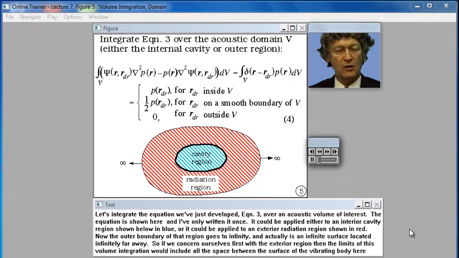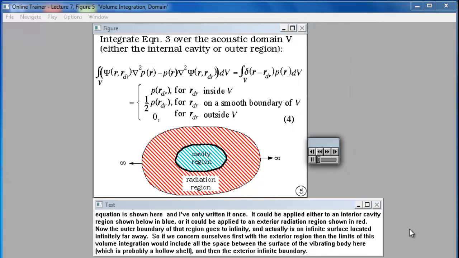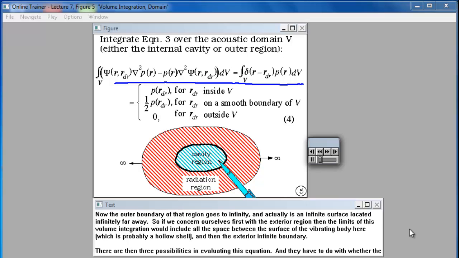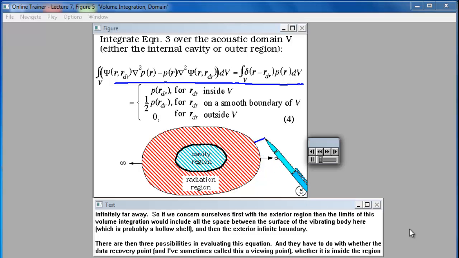Let's integrate the equation we've just developed, equation 3, over an acoustic volume of interest. The equation is shown here, and I've only written it once. It could be applied either to an interior cavity region, shown below in blue, or it could be applied to an exterior radiation region, shown in red. Now the outer boundary of that region goes to infinity and actually is an infinite surface located infinitely far away.